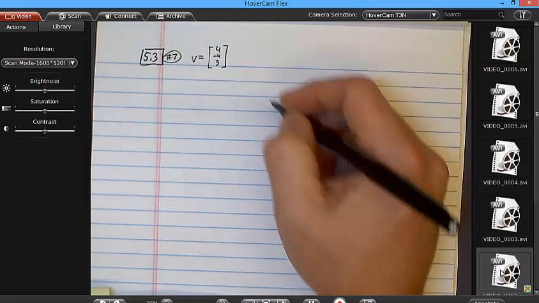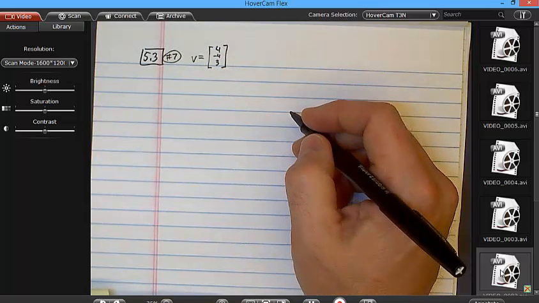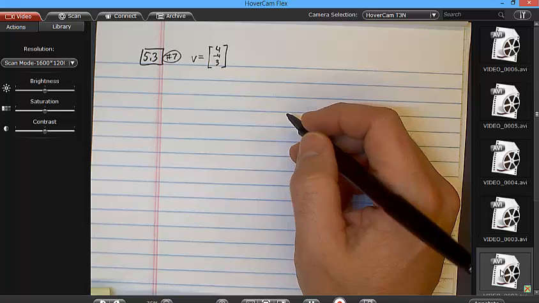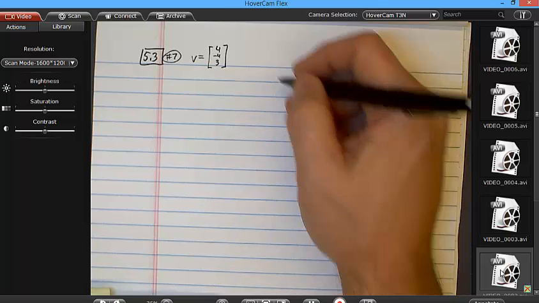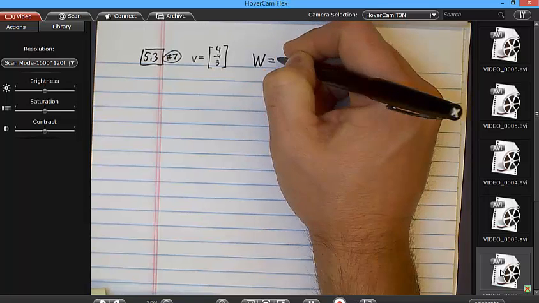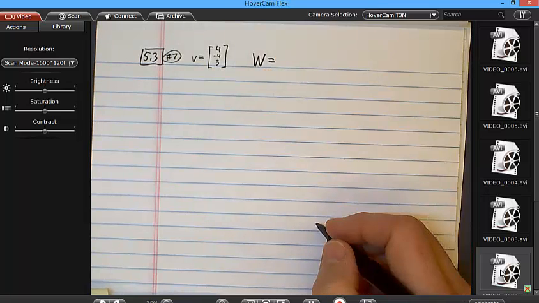It says find the orthogonal decomposition of V with respect to the subspace W. Okay, so what is W? In the previous problem, we found what V1 and V2 were, because we did exercise 5.